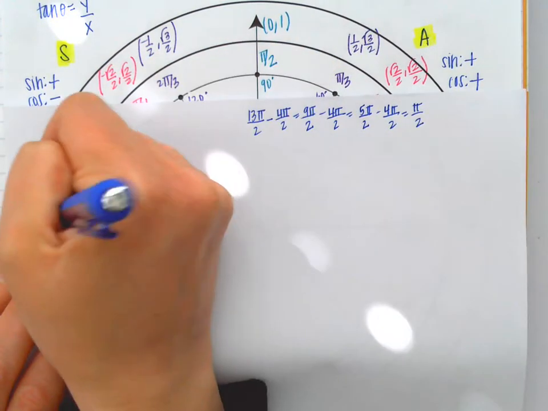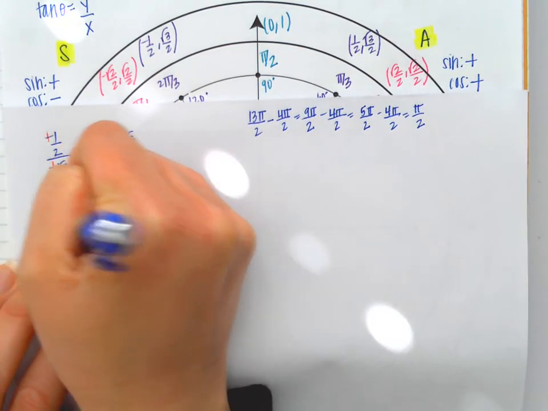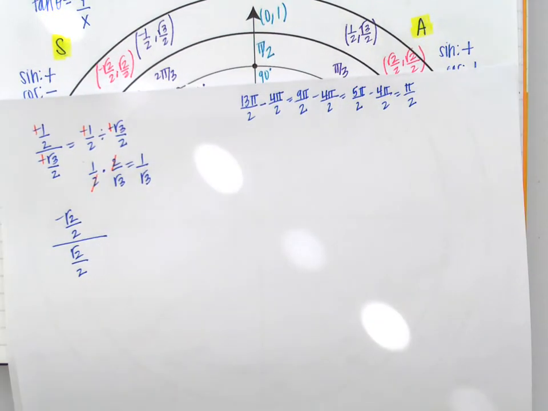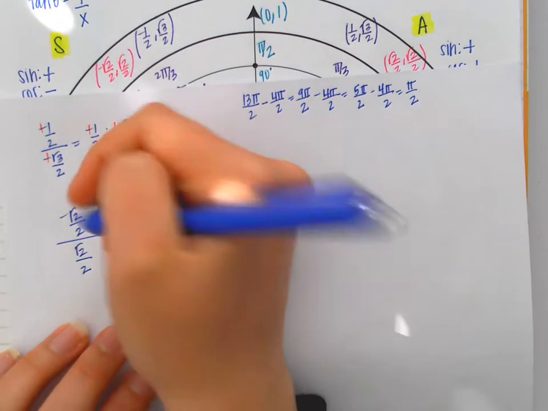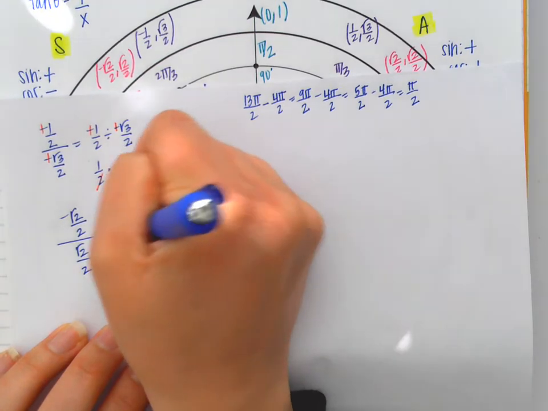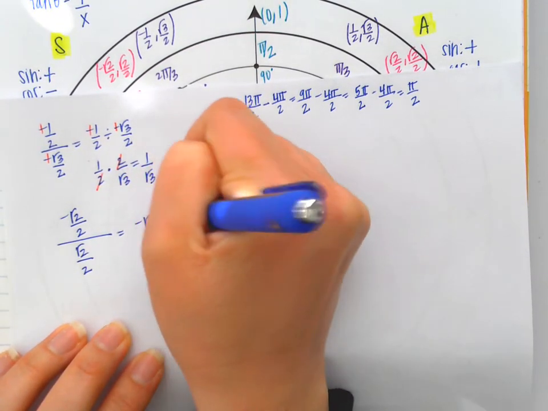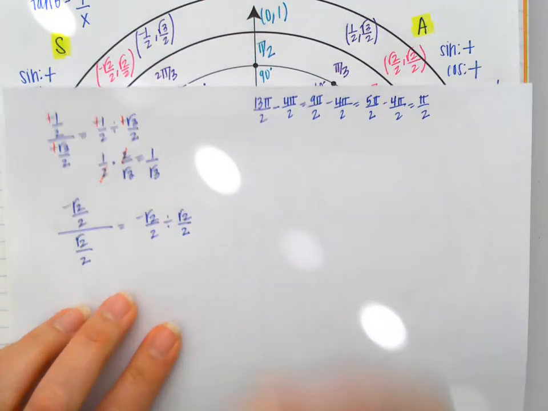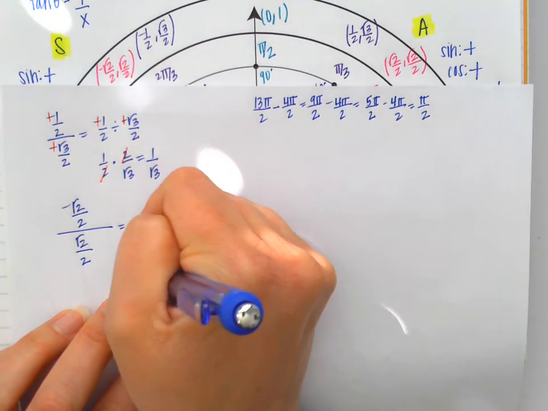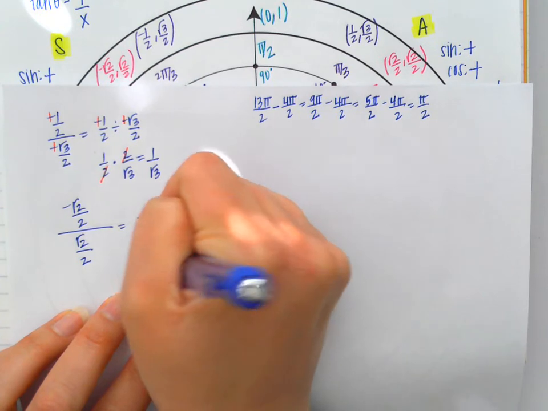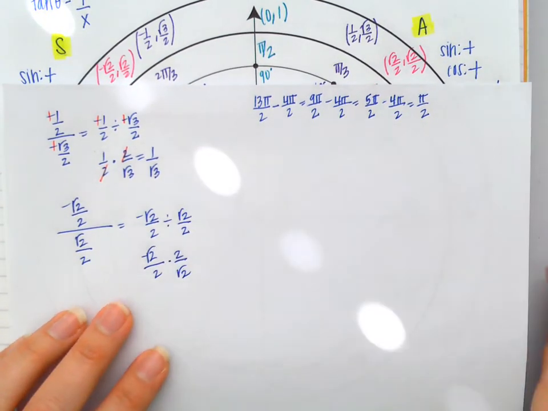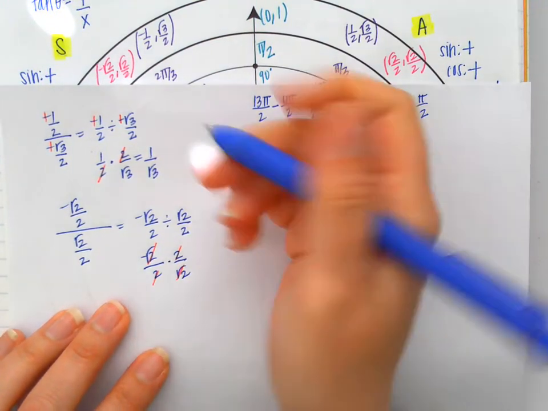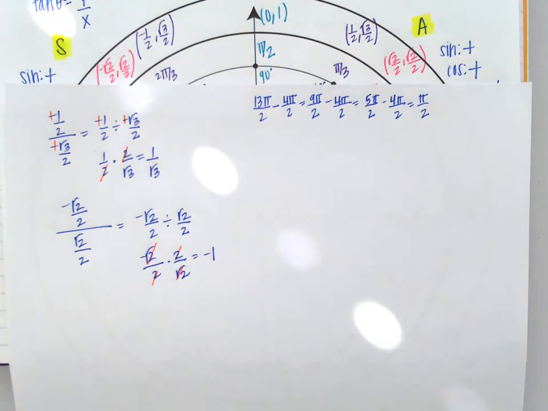So that would be negative rad 2 over 2 divided by rad 2 over 2. And if you need to see that, you can flip it and see that everything cancels, right? Except that negative. And so we're still left with a negative 1.